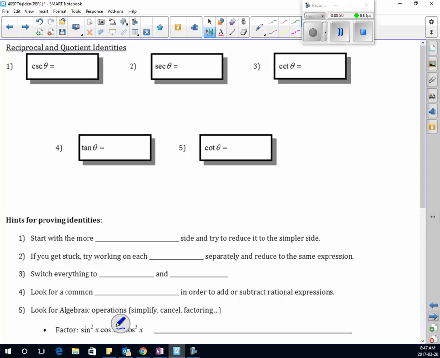Okay, so our reciprocal and quotient identities, who remembers what cosecant theta is equal to? 1 over sine theta. What's secant theta equal to? 1 over cos theta. And what's cotangent theta equal to?